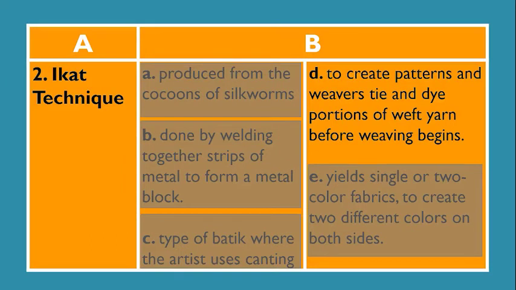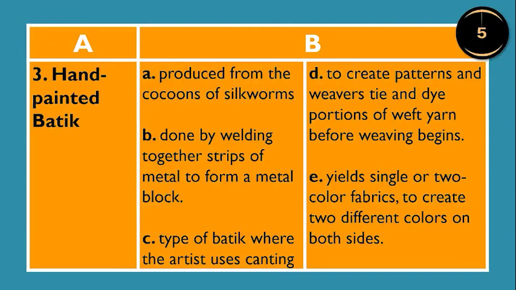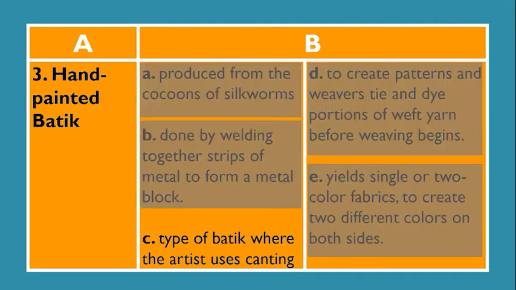Shall we have the next item? Let's have number 3. Hand-painted batik. You have 5 seconds. Time is up and your answer is? That is letter C. Hand-painted batik is a type of batik where the artist uses canteen.